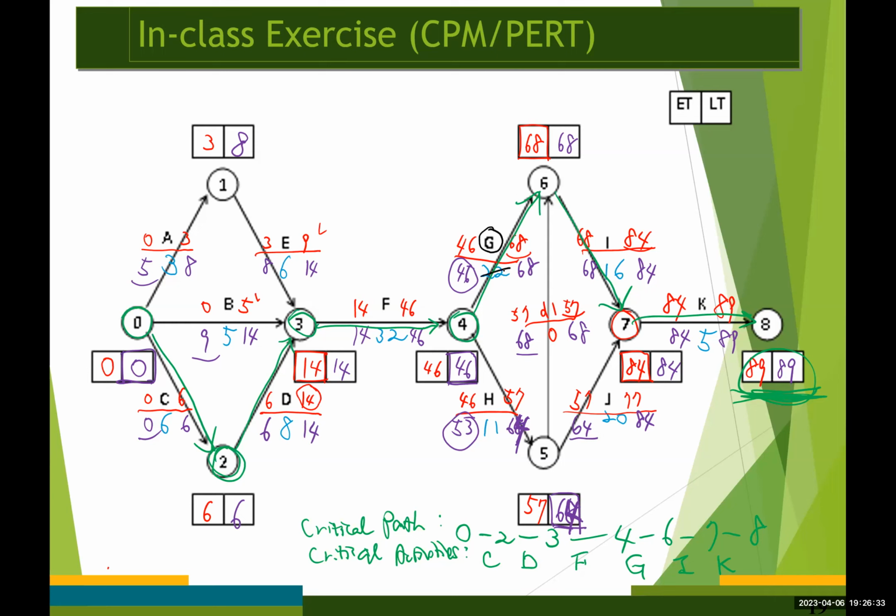Instead of 22, put the value of 11, okay? And then get the earliest time and latest time, and then determine the new critical path, the critical activities, okay?